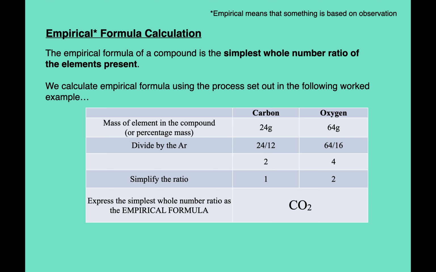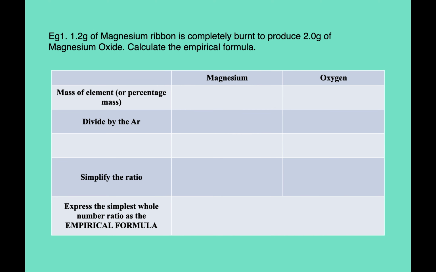Let's look at another couple of examples. Imagine 1.2 grams of magnesium ribbon is completely burnt to produce 2 grams of magnesium oxide. From this data, and you can do this calculation from an experiment you do in year 10 in class, you can work out how much magnesium and oxygen you have.